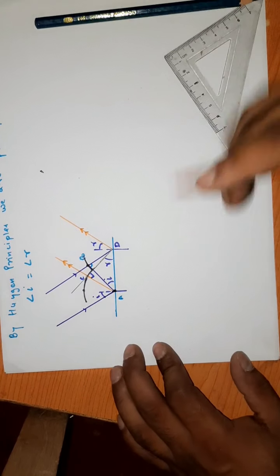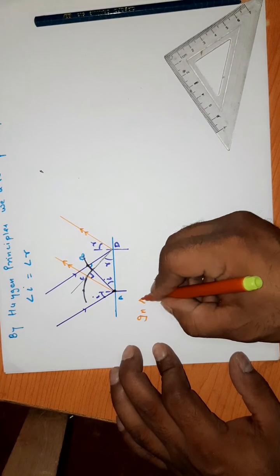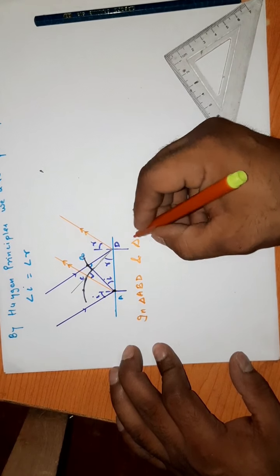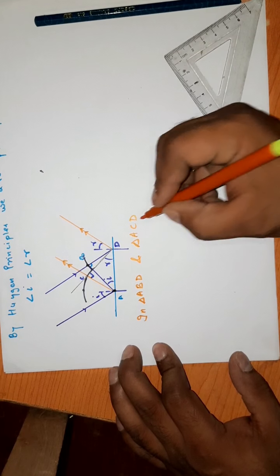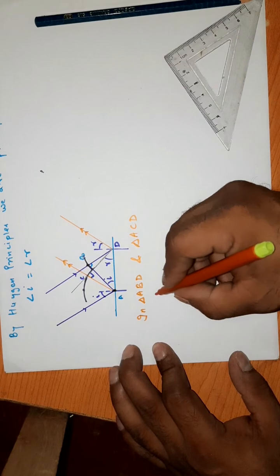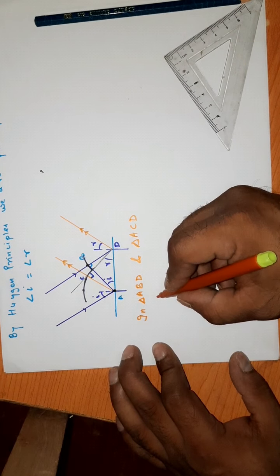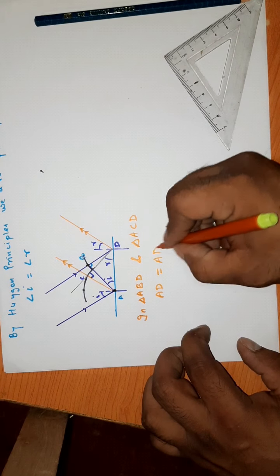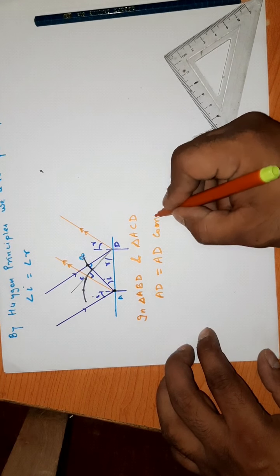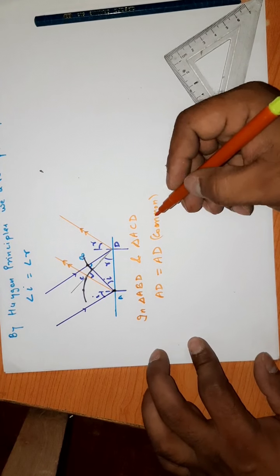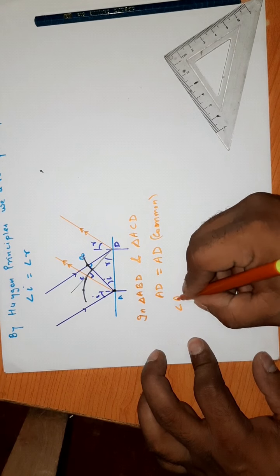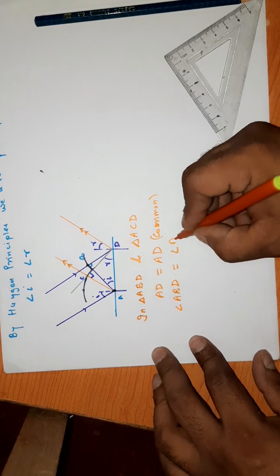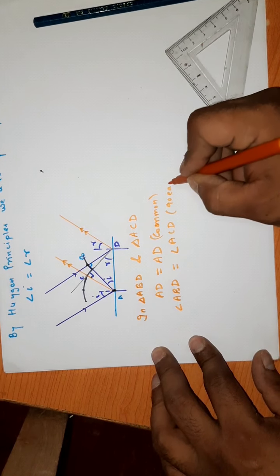For the proof, we will consider two triangles. In triangle ABD and another triangle ACD. We can see that the length AD is common in both the triangles. Now we can see that angle ABD is equal to angle ACD, 90 each.